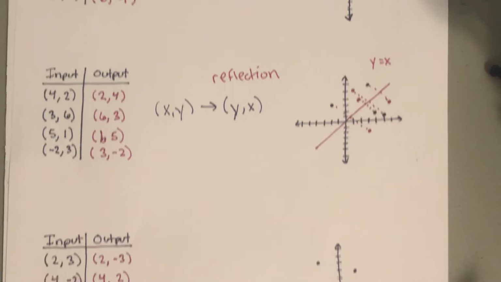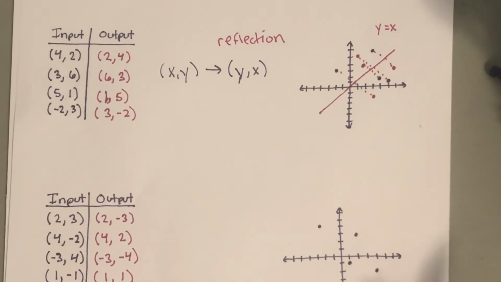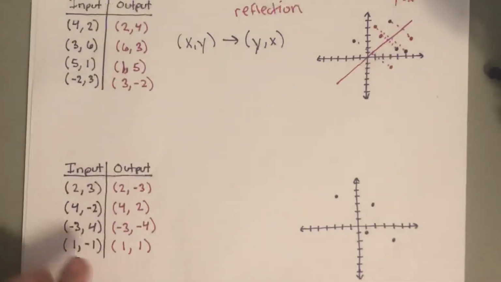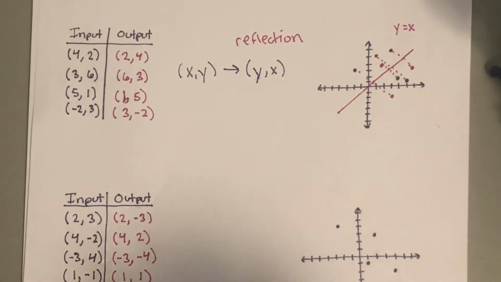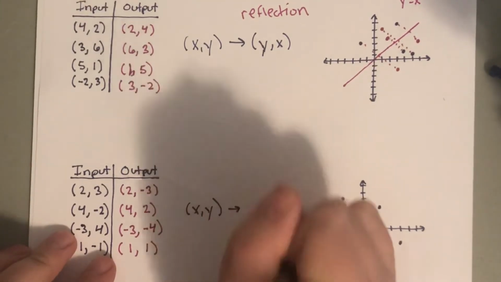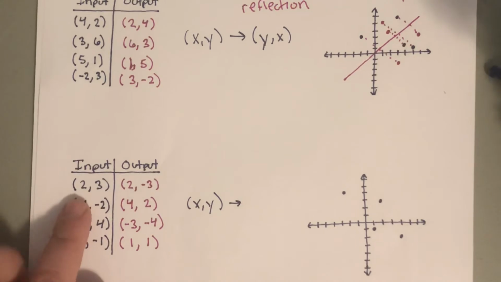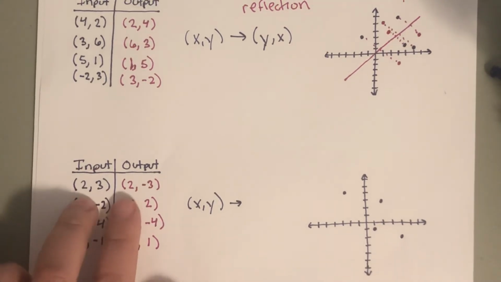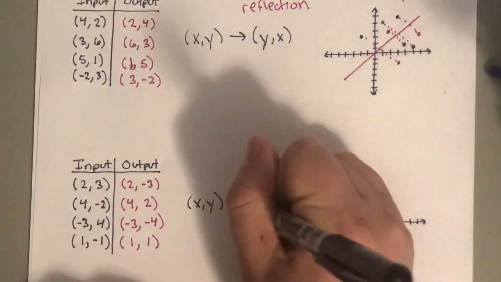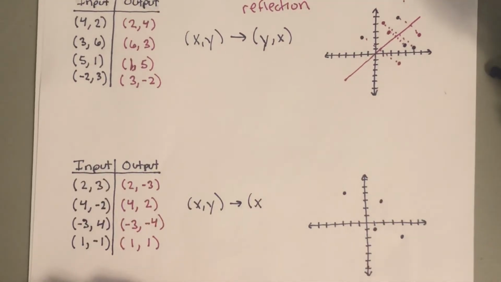Now let's look down here at another thing that could possibly happen. Here, we start with our original, xy. And if you notice, to get the x, nothing happens. 2 stays a 2, 4 stays a 4, -3 stays a -3, 1 stays a 1. So the x, nothing is happening.